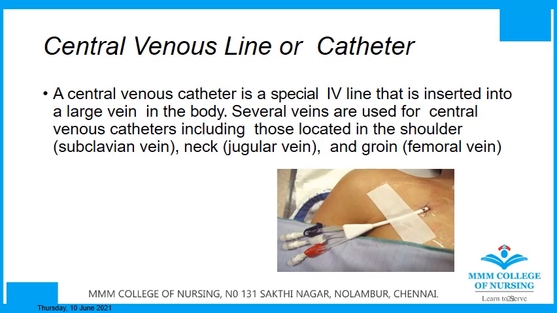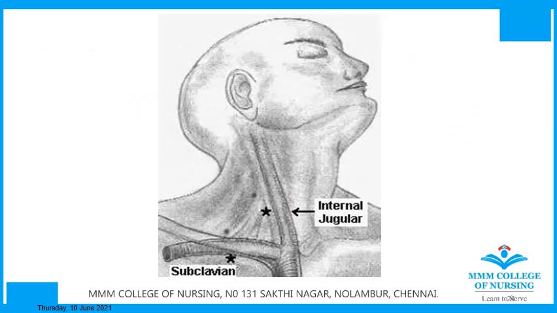Several veins are used for central venous catheters, which include the subclavian vein in the shoulder region, the jugular vein around the neck, and the femoral vein in the groin. So this can be inserted mainly in the subclavian vein, near or below the shoulder, the jugular vein in the neck, and the femoral vein in the groin.